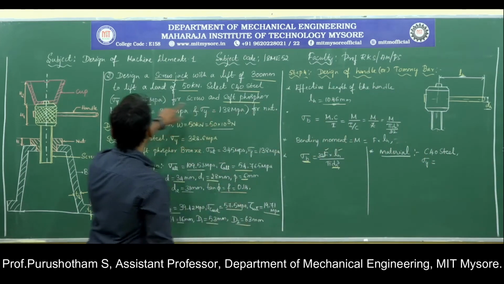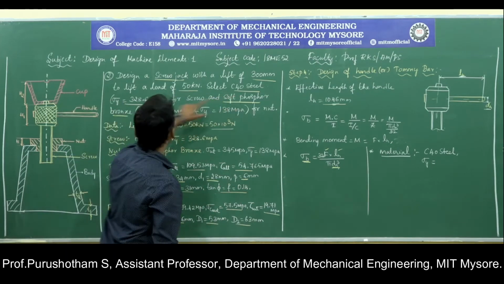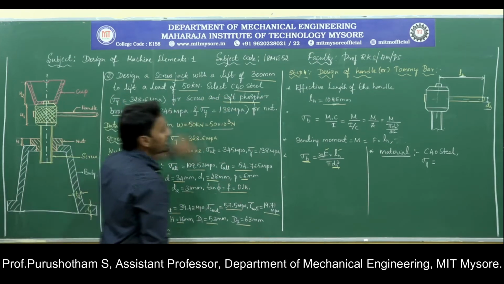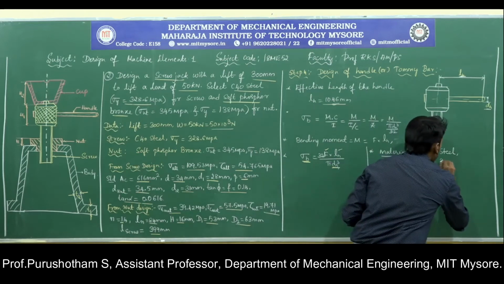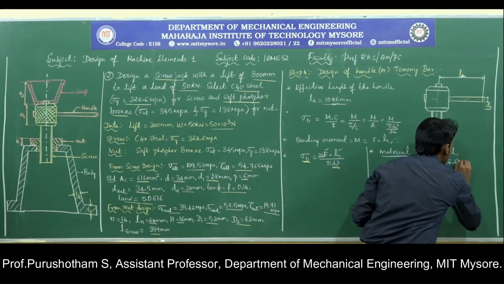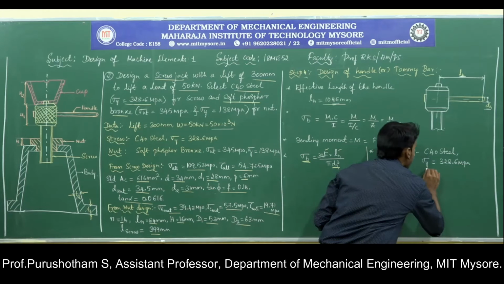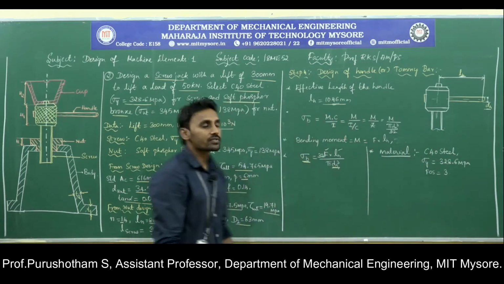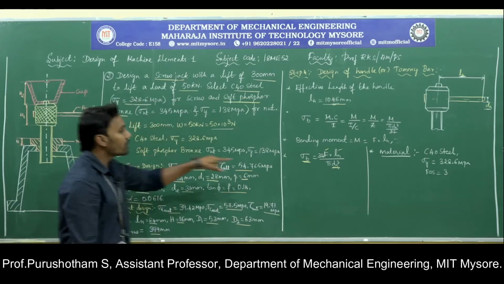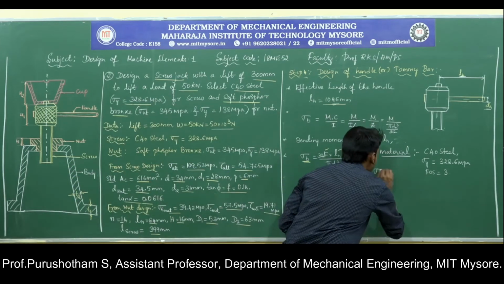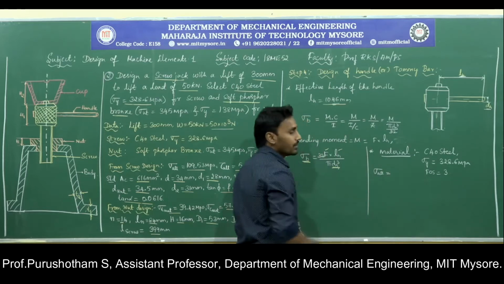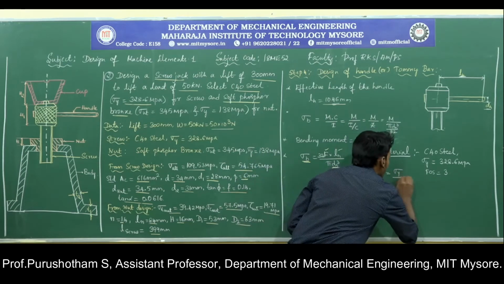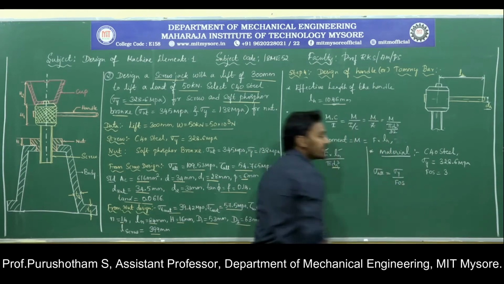For C40 steel, the yield stress is 328.6 megapascal. Taking a factor of safety of 3, the allowable stress is given by sigma y by factor of safety.